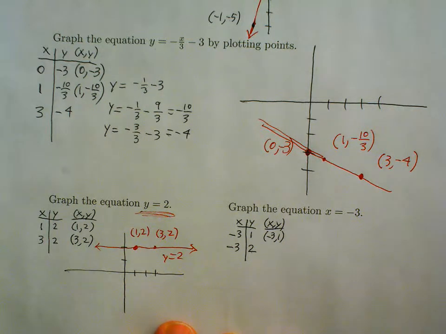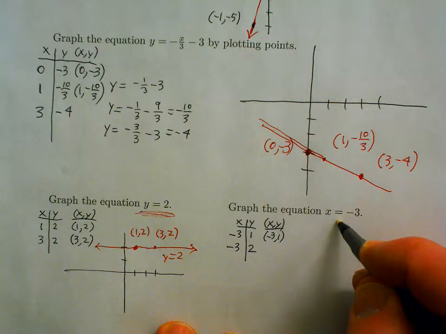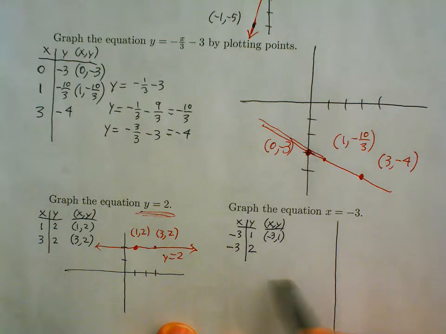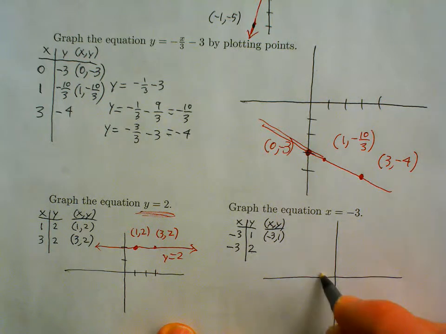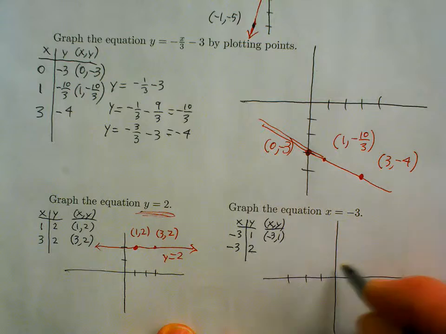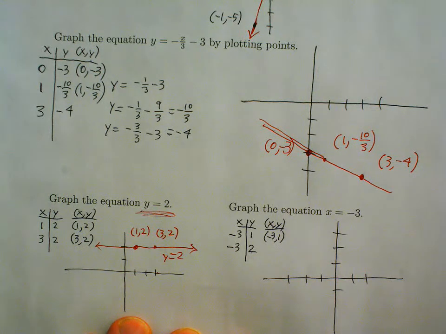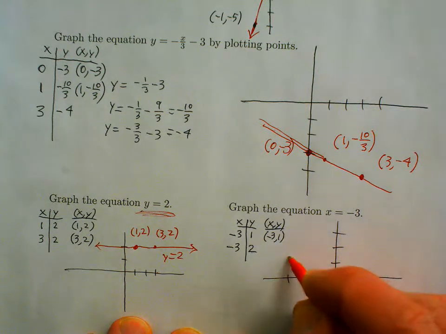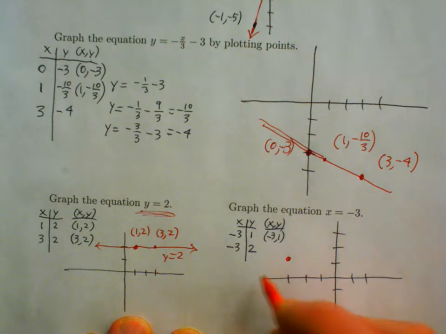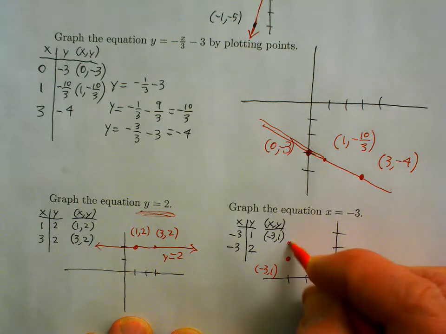So what kind of line do we get on this one? A vertical one? Yeah, it's a vertical line. So -3, 1, and -3, 2.